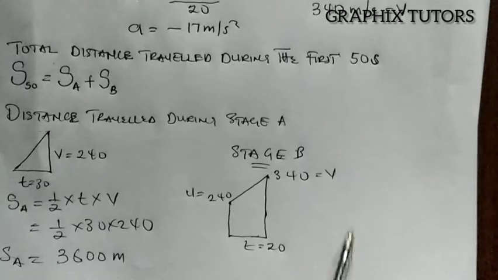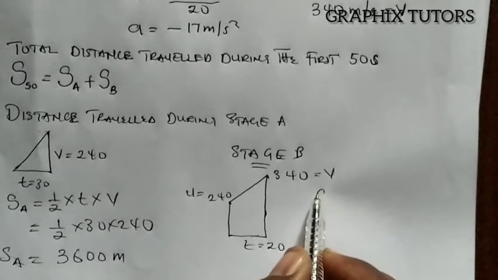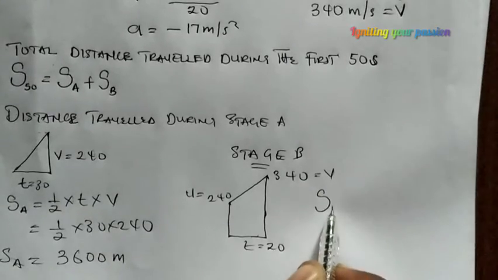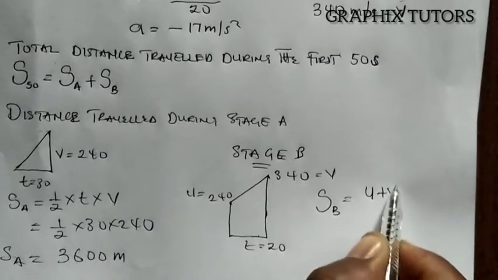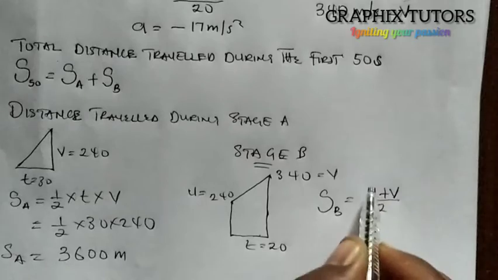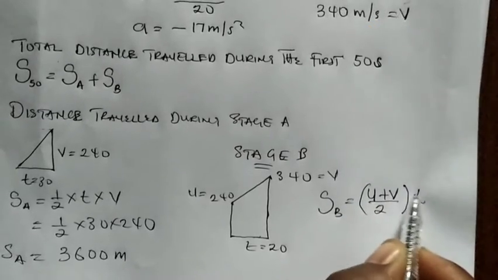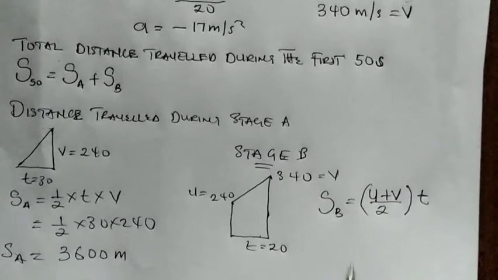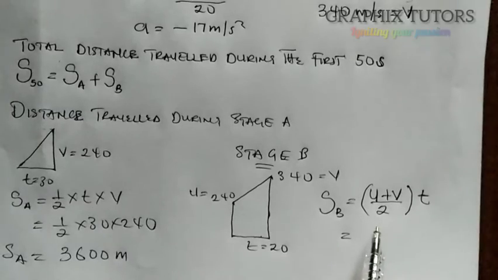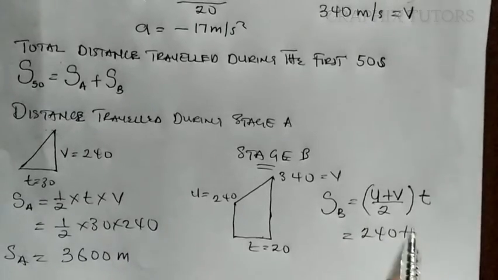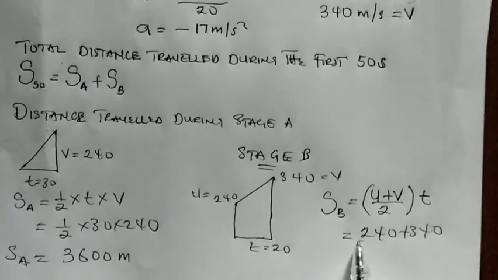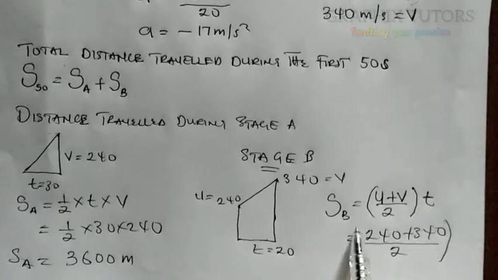So what you do here, we say that the distance traveled at stage B is equal to what? Initial plus final all over 2 multiplied by what? By t, which is the time. So what is the initial? The initial u is 240 plus the final is 340 all over 2 multiplied by what?